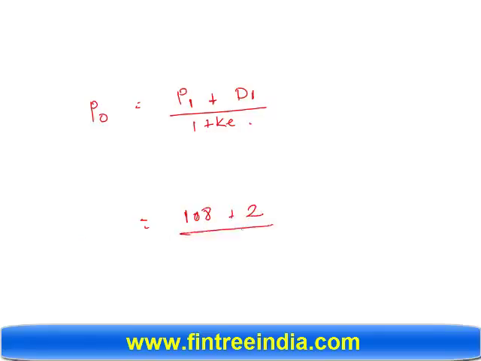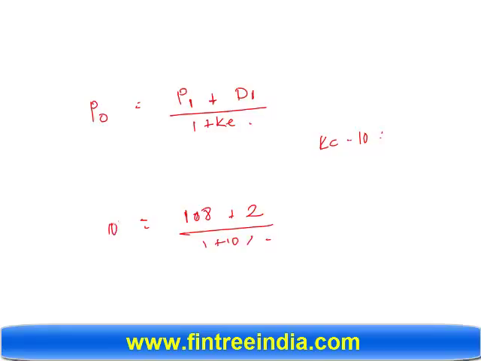So in this approach, the value of stock at time 0 would simply be the value of stock at time 1 plus dividend at time 1, divided by 1 plus KE. For example, if after 1 year you expect the stock price to be 108 rupees and it will give you a dividend of 2 rupees, then the value of the stock today, assuming a KE of 10%, would be divided by 1 plus 10%.